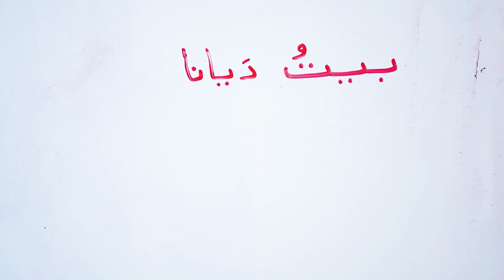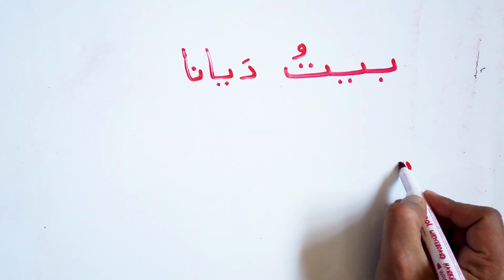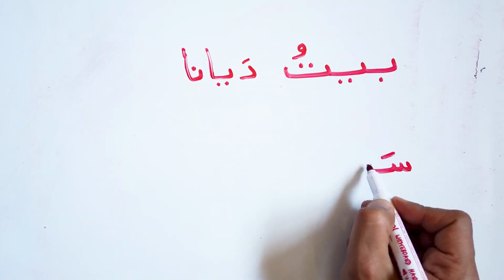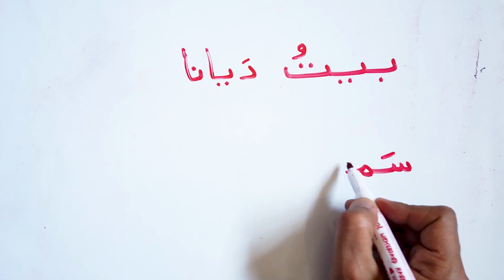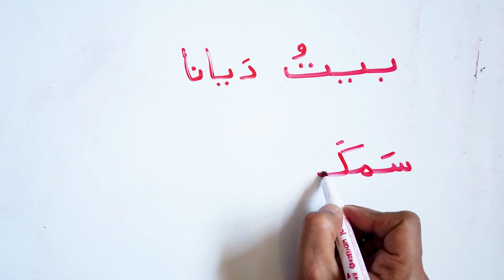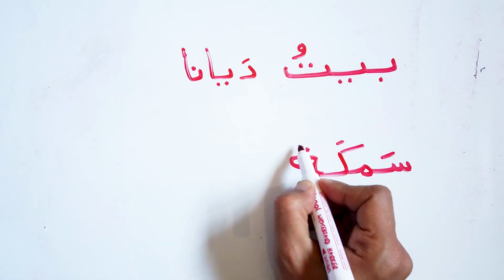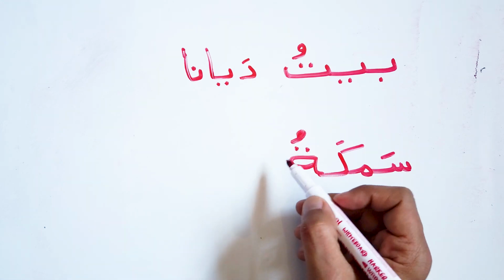سمكة ديانا. As you previously know that the word سمكة, fish, is a female word, it is easy for you to recognize that it ends with تاء مربوطة.